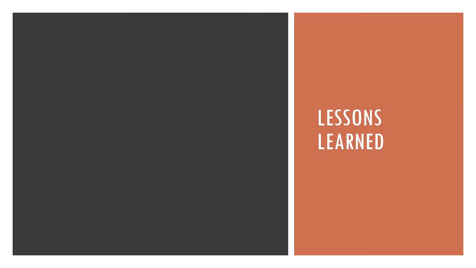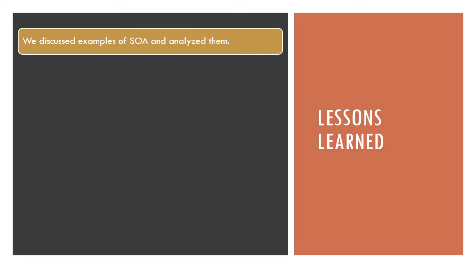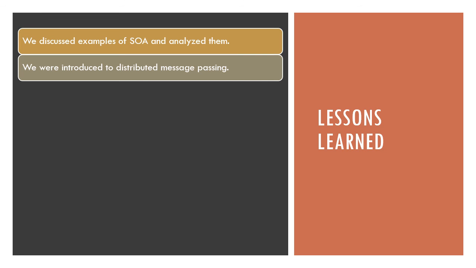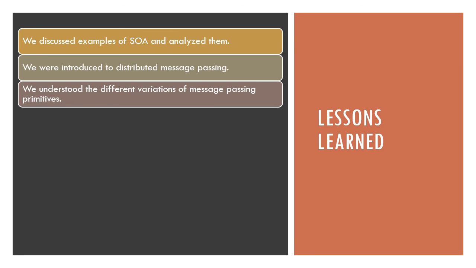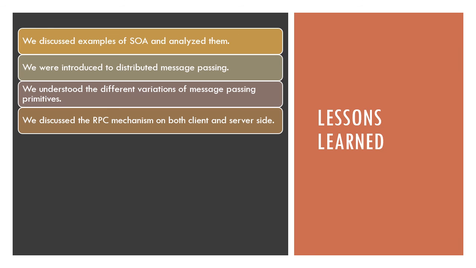So, what are the lessons that we learned in this lecture? We discussed examples of service-oriented architecture and analyzed them. We were introduced to distributed message passing. We understood the different variations of message passing primitives. We discussed the RPC mechanism on both client and server side.